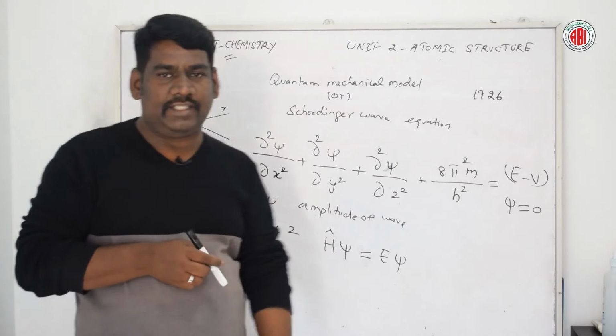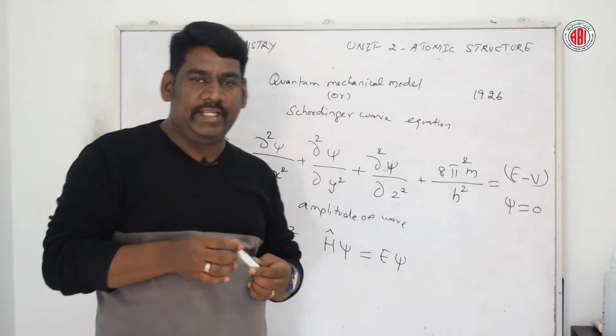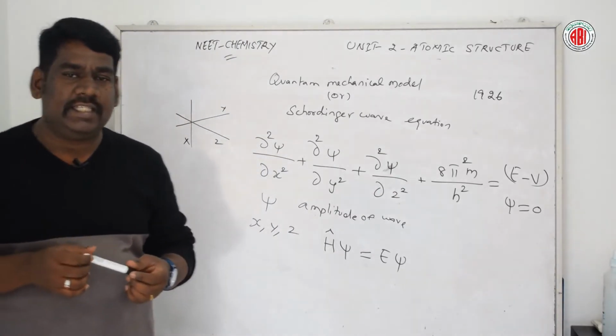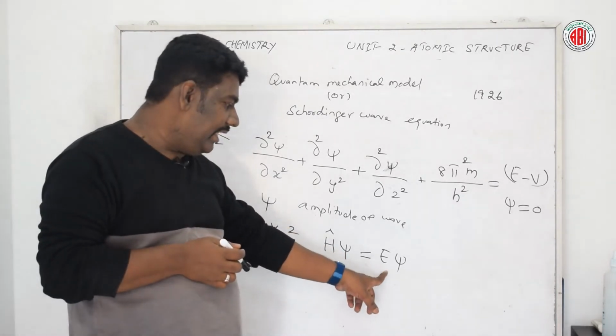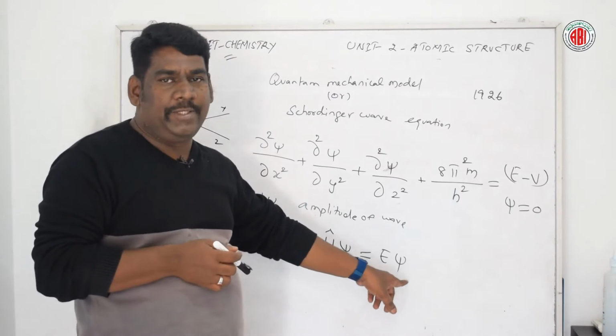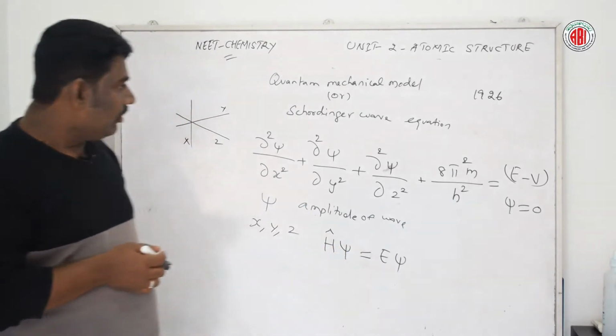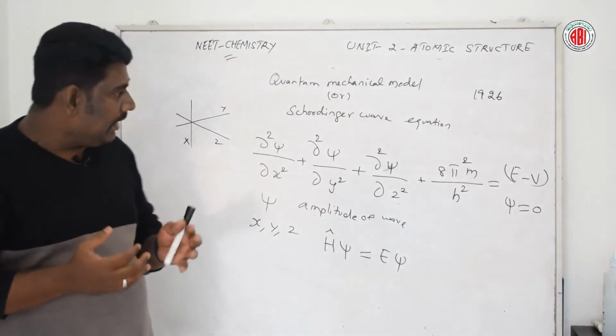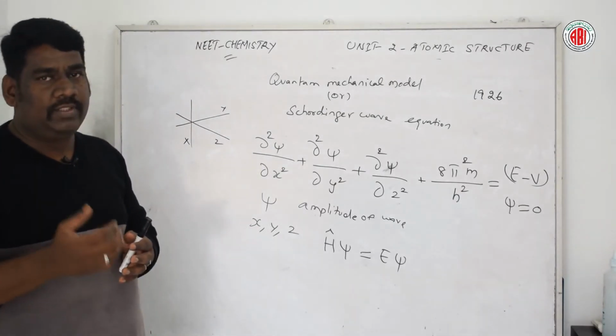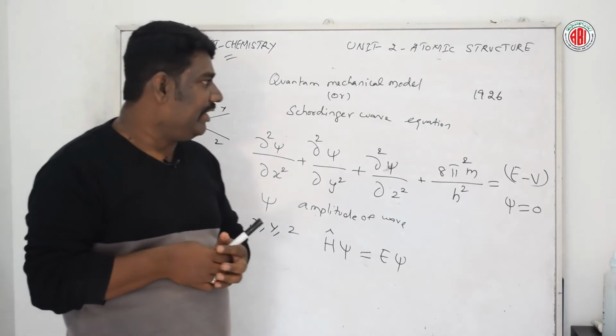The solution of the Schrödinger equation gives E and psi, the total energy of the electron and the amplitude of the wave. So this is the quantum mechanical model, which leads to the formation of the Schrödinger wave equation.